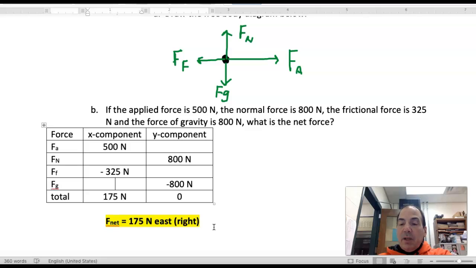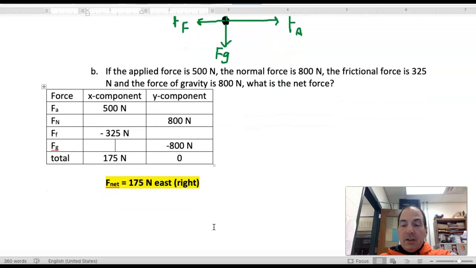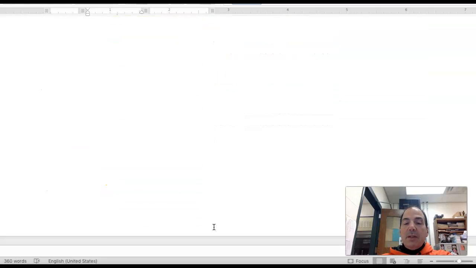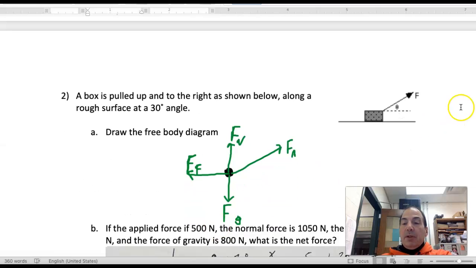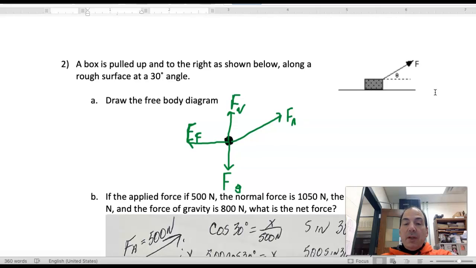All right, so that's the basic idea. Now let's just complicate it a hair by taking that applied force and putting it at an angle. Okay, so when the applied force is at an angle, we have the same free body diagram as in the previous problem for the most part, except instead of this being on the x, it's up and to the right. That means it has two components to it.